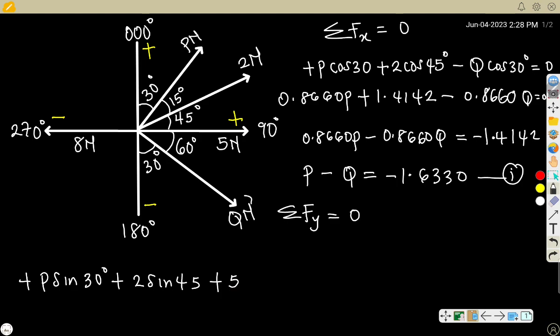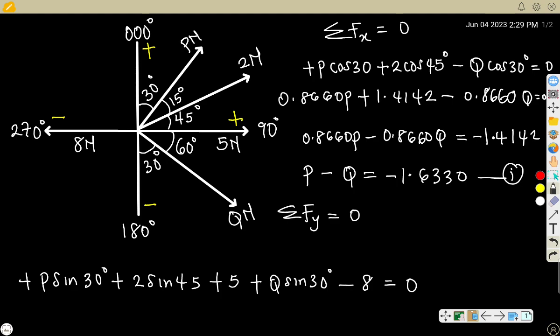Then this Q is minus to the horizontal but plus to the vertical, so that will be plus Q sine 30. Then this 8 is minus there, so minus 8. Everything equals 0. So this is the sum of my forces in the vertical direction.